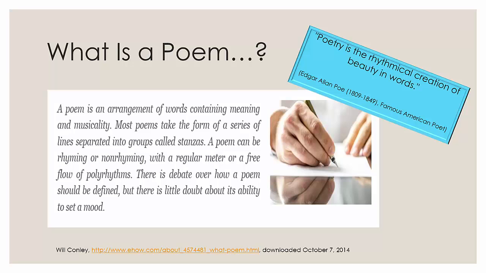There is debate over how a poem should be defined, but there is little doubt about its ability to set a mood. Now don't worry if there were quite a few words in this text which you didn't understand, like lines, or stanzas, or meter, or rhyme, because those are some of the key words that we're going to look at further in this lesson.